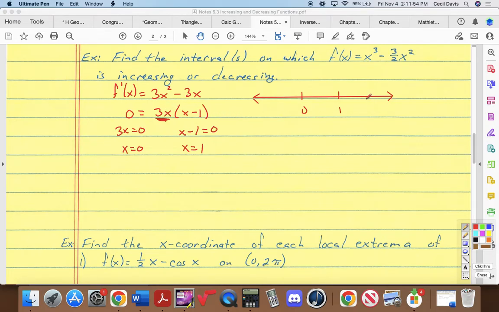If I pick a number bigger than 1, say 2, don't get crazy with this, and substitute it into the derivative, 3x is positive, x minus 1 also positive. Multiply two positives together. We don't really care about the value, we just care that this is positive.